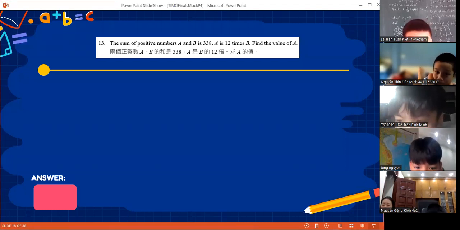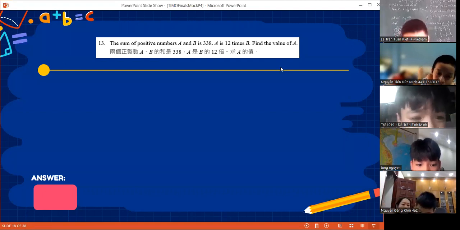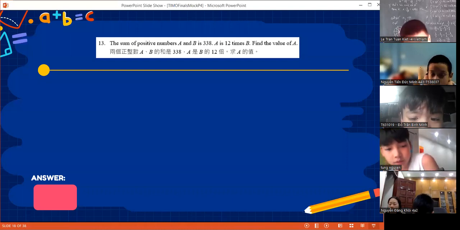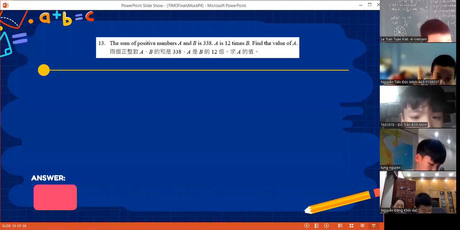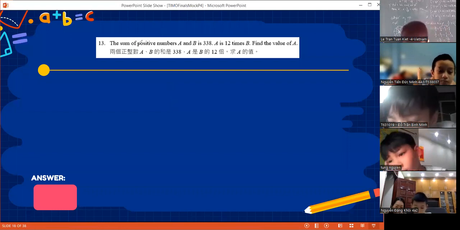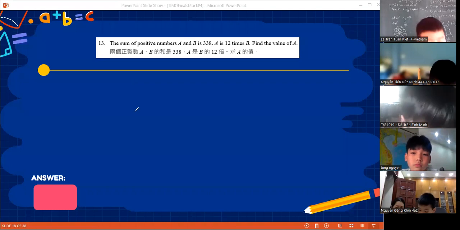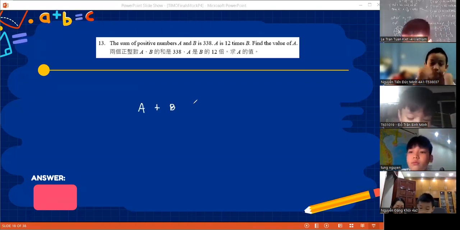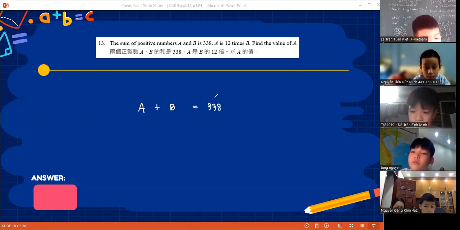Okay. The sum of positive numbers A and B is 338. A is 12 times of B. Find the value of A. Okay. Take note here that the sum of positive numbers A and B is 338. So A plus B is equal to 338, right?